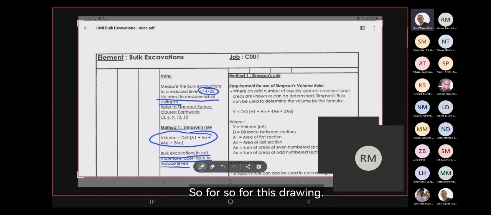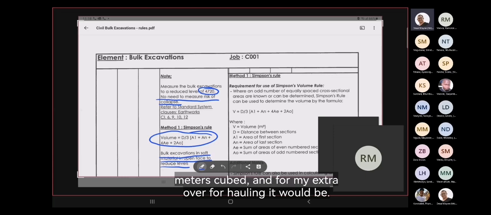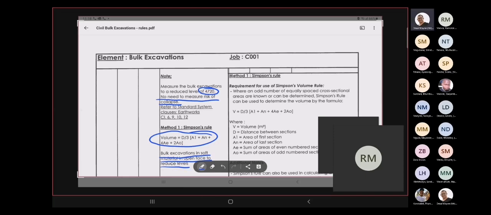So for this drawing that I'll be measuring, all of this will be in meters cubed, and for my extra over for hauling, my measurement will be in meters cubed per kilometer.